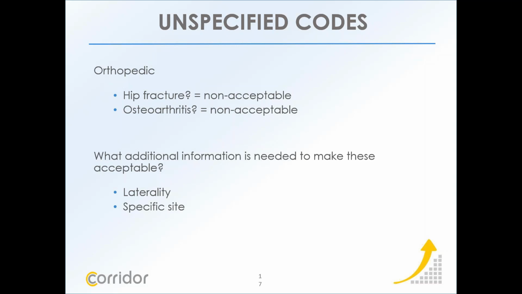And it is important to remember that Coding Clinic has actually identified that the clinician is allowed, in obvious cases, like if the patient has a hip fracture and the clinician sees that the hip fracture is on the right side, they have a cast on their right leg. It's pretty clear it's their right hip fracture. So we are allowed to accept that information as the clinician adds in that laterality in cases where it's obvious.